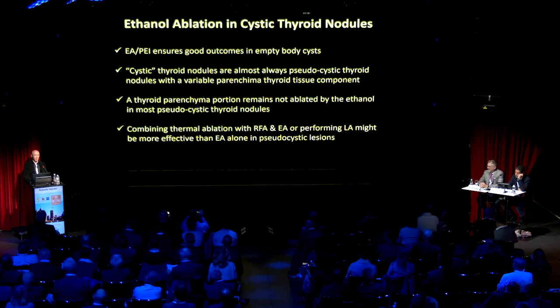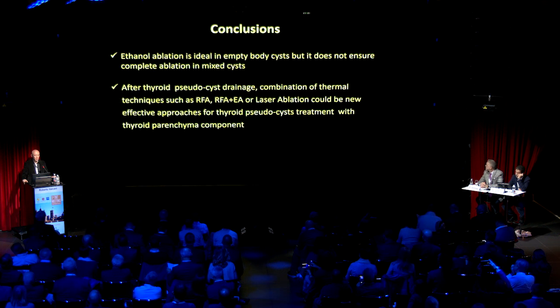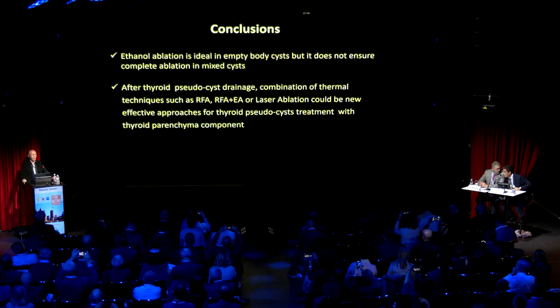Therefore, combining thermal ablation with RFA and ethanol, or performing a laser ablation, may be more effective than ethanol alone in pseudocystic lesions. In conclusion, ethanol ablation is ideal in anechoic cysts, but does not ensure a complete ablation in mixed cysts. After thyroid pseudocyst drainage, combination of thermal techniques such as RFA or RFA plus ethanol ablation or laser ablation could be new effective approaches for thyroid pseudocyst treatment with a thyroid parenchyma component.